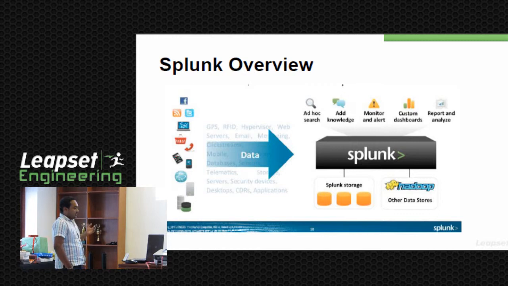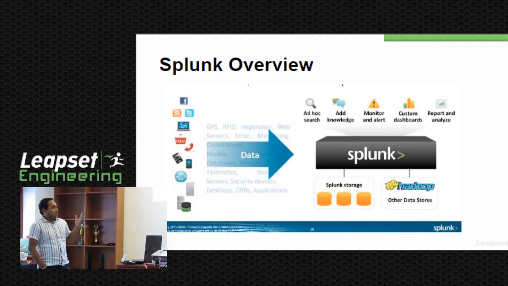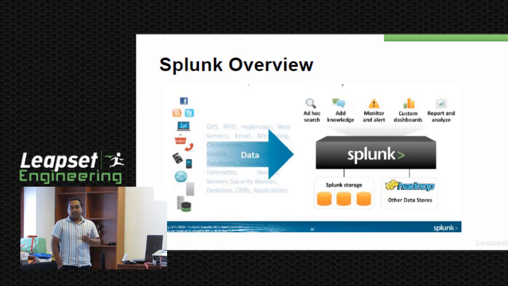The Splunk indexing server captures all the events and raw data that come from the forwarder, and stores that data in Splunk storage using its own mechanism. Other than that, there is the Hadoop plugin for the Splunk server, so we can send all that data into a Hadoop system as well.